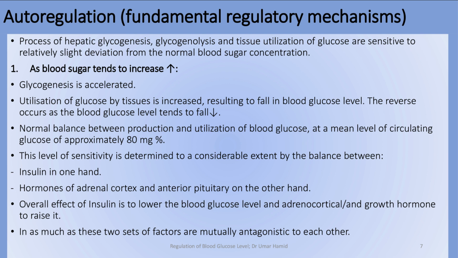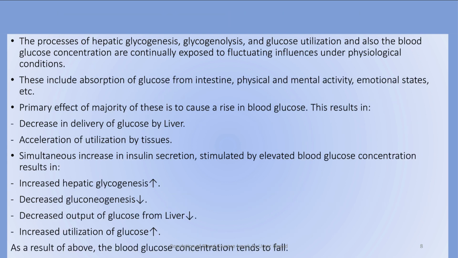Inasmuch as these two sets of factors are mutually antagonistic to each other, the processes of hepatic glycogenesis, glycogenolysis, and glucose utilization, and also the blood glucose concentration, are continually exposed to fluctuating influences under physiological conditions.